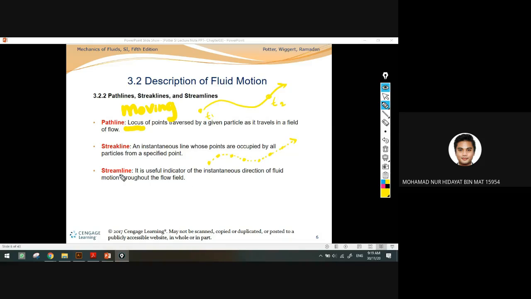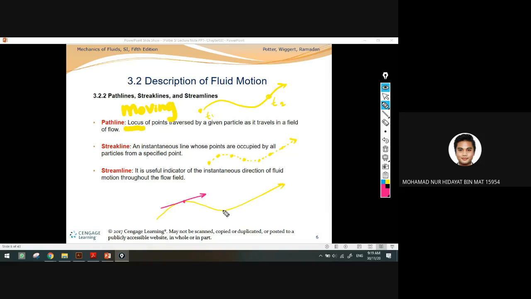However, the streamline is a useful indicator of the instantaneous direction of the fluid motion through the flow. For example, we have the fluid flow like this. At an instant of time, for example at time equal to 3, at this point the motion is tangent to the flow.